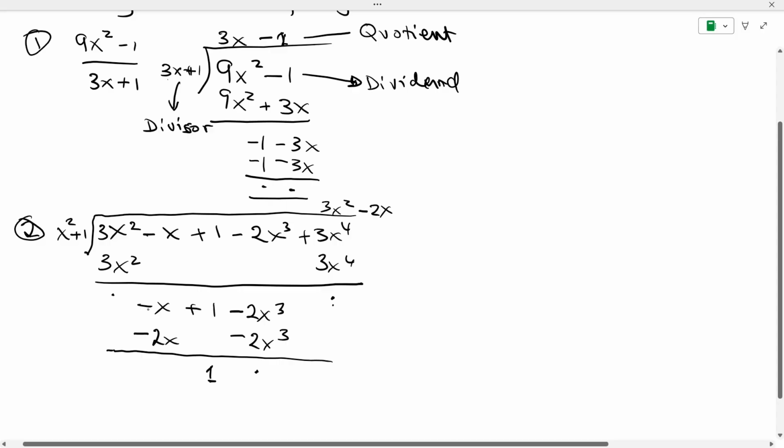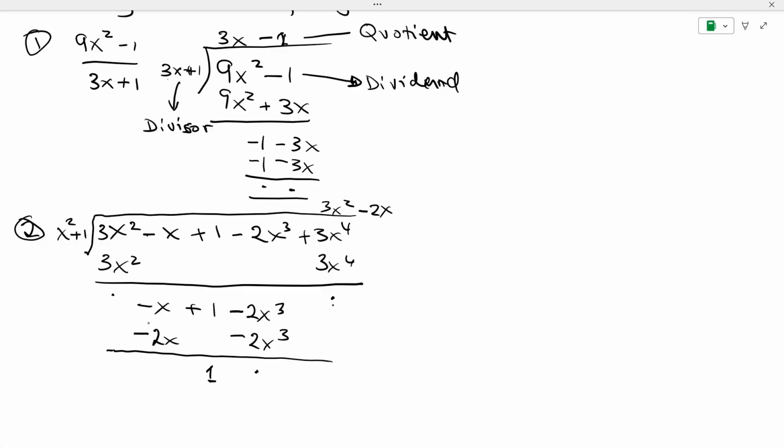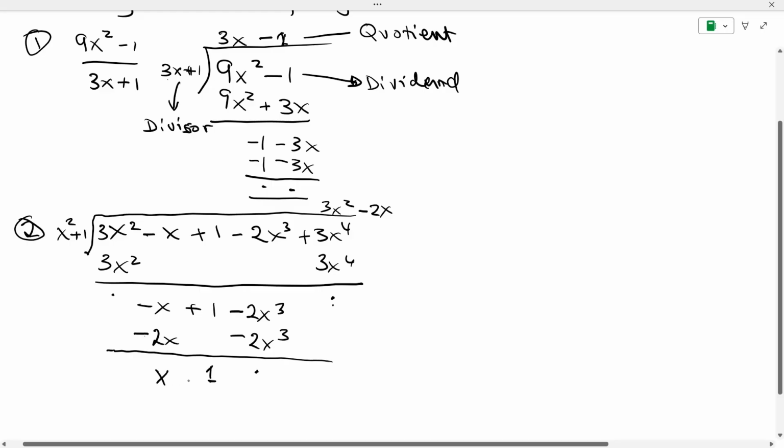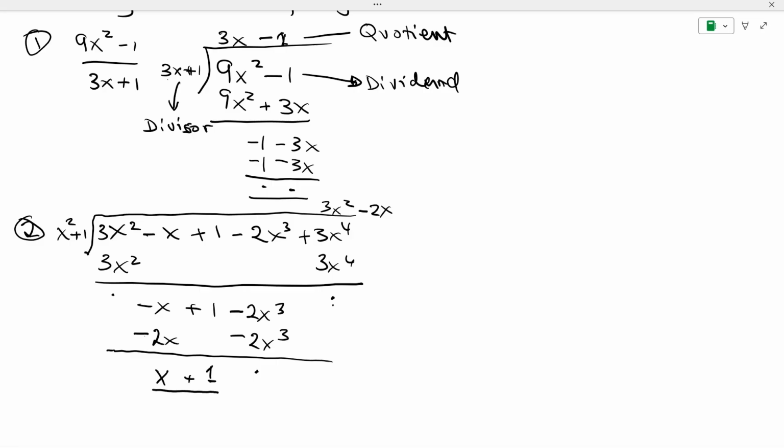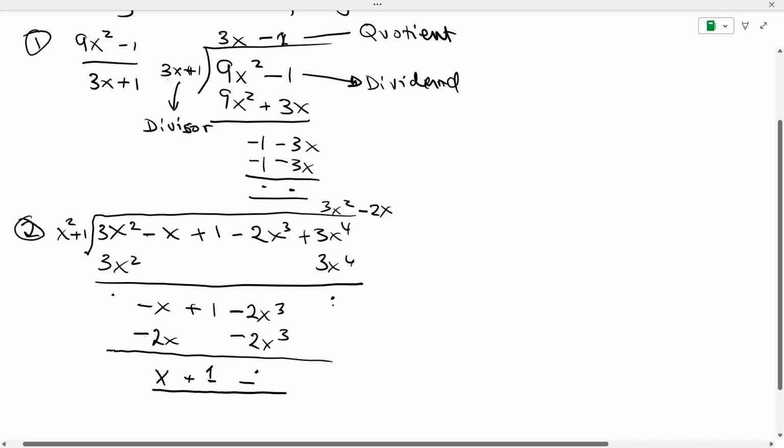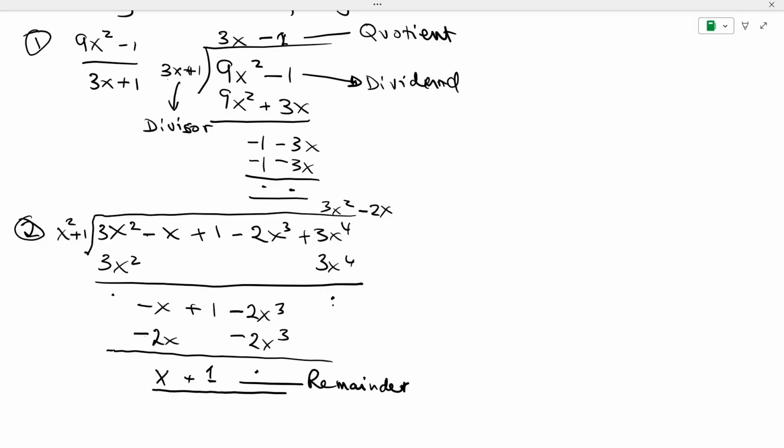Then here we have minus x minus minus 2x, which will leave us with positive x. So this is what we have as a remainder. So this value here becomes the remainder, simply because we don't have an expression which, when multiplied by x squared, will give us x.